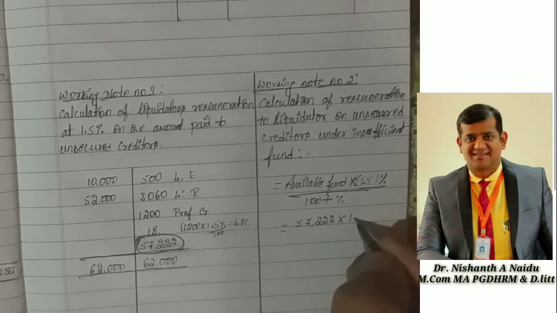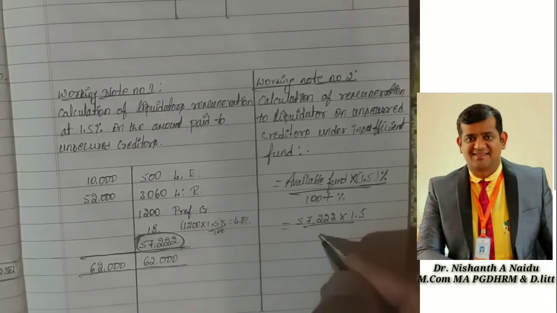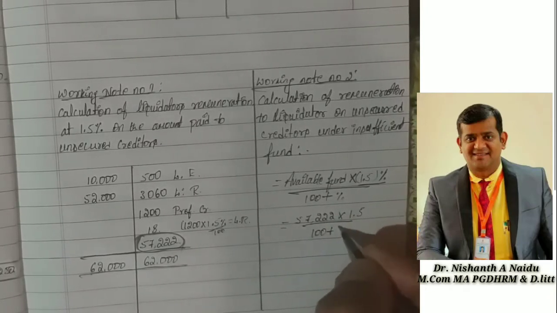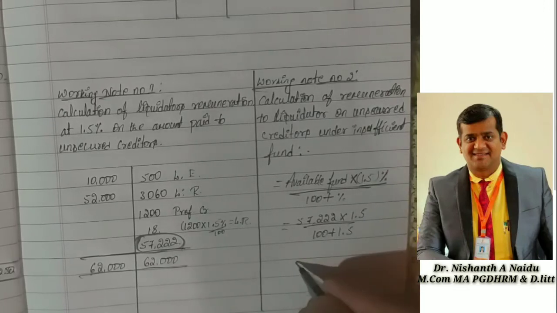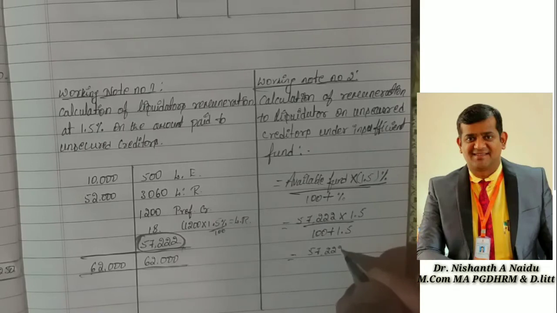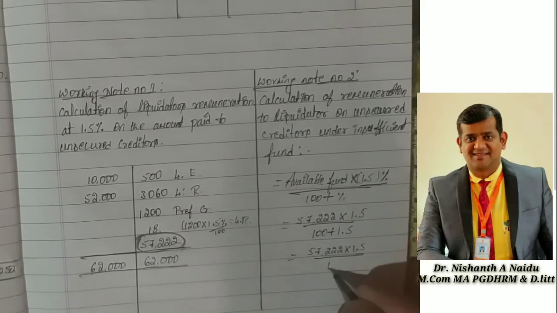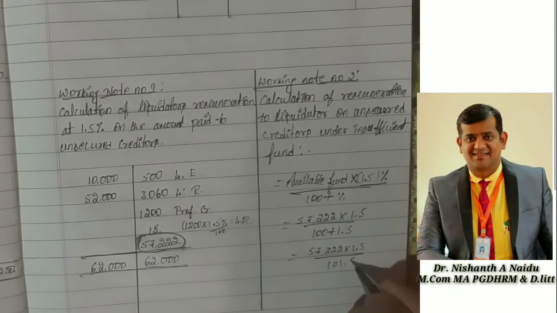57,222 into what is the percentage? 1.5 divided by 100 plus 1.5. So now next line, 57,222 into 1.5 divided by 101.5%.